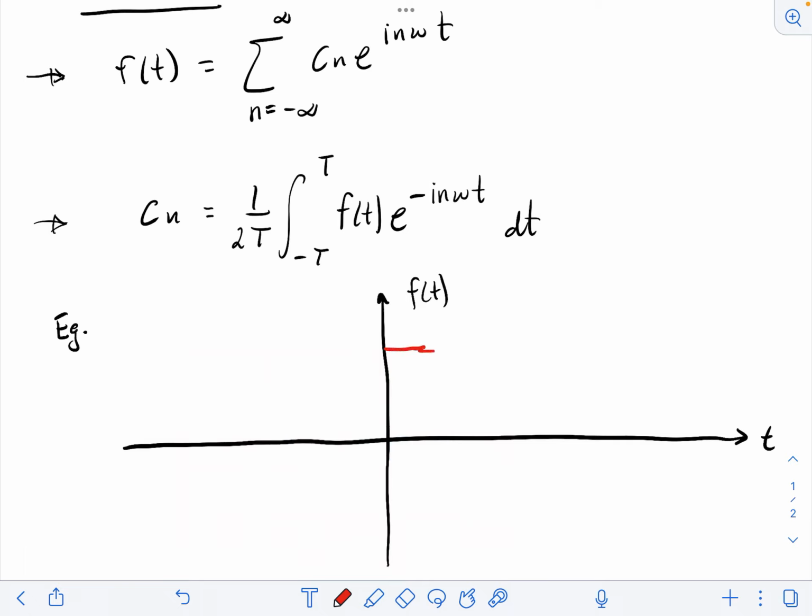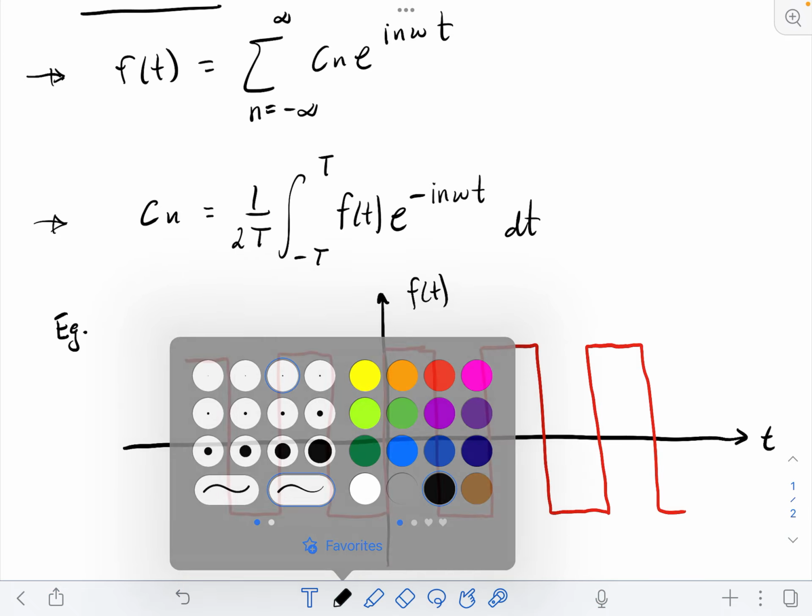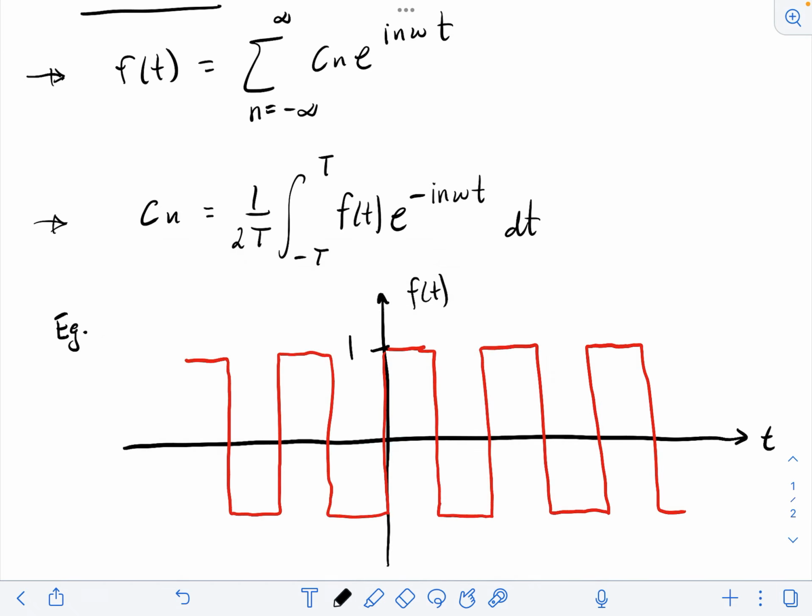So here's plus 1, then it drops down to minus 1, and it just repeats this over and over again. And so here it would drop down to minus 1. Okay, like so. So here is 1, and here is minus 1.